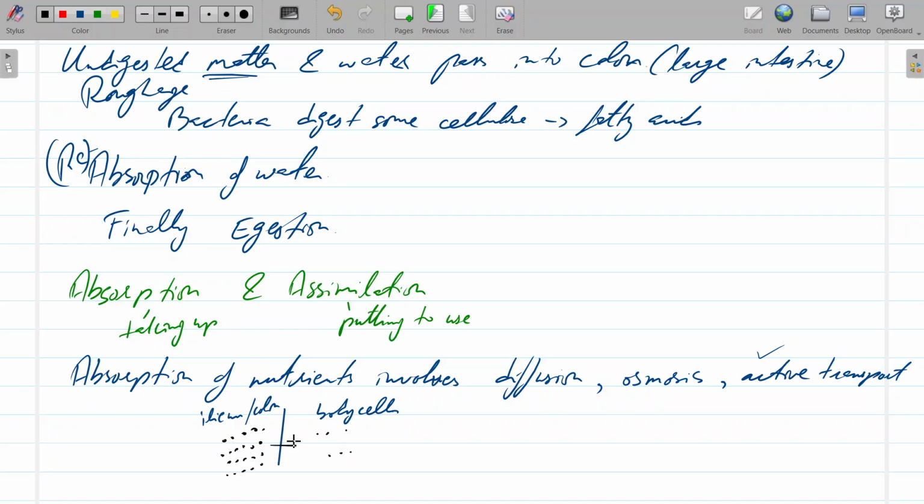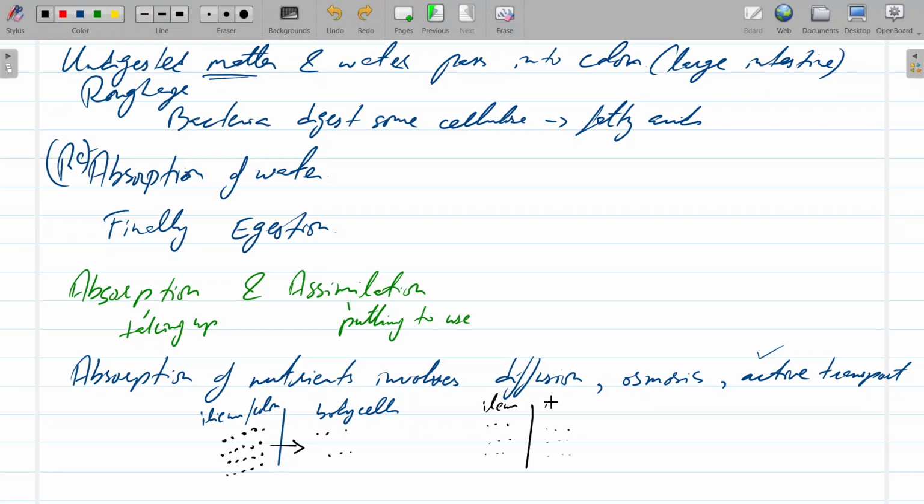And what you would expect to happen is the movement of the molecules of water or nutrients up until the point where they become balanced, right? So the concentration gradients or the water potential becomes balanced, and then the diffusion or osmosis would stop.